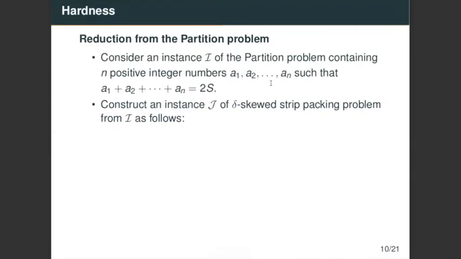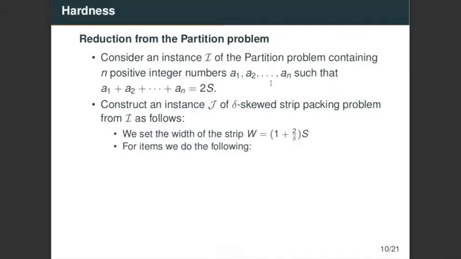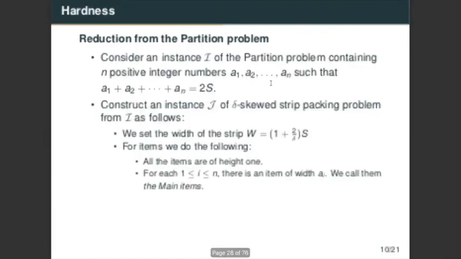From this, we can construct an instance J of the delta skewed strip packing problem as follows. First, we set the width of the strip to be 1 plus 2 over delta times s. Now we construct the items as follows. We set the height of all the items to 1.